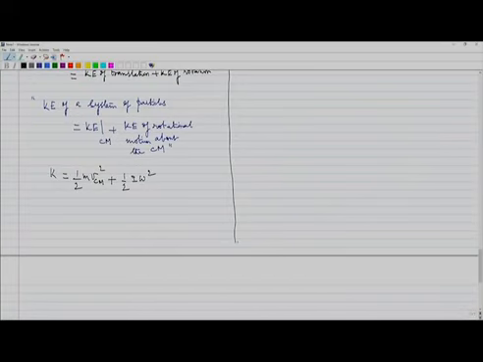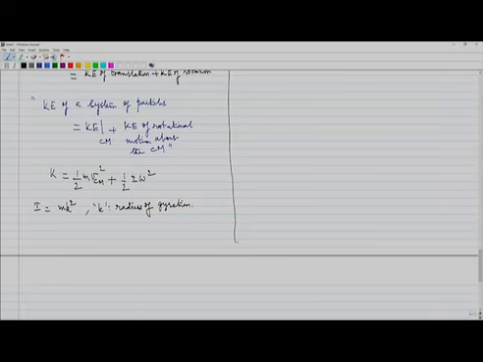And moment of inertia is also written in terms of little m k squared, where k is the radius of gyration, which we had seen earlier.